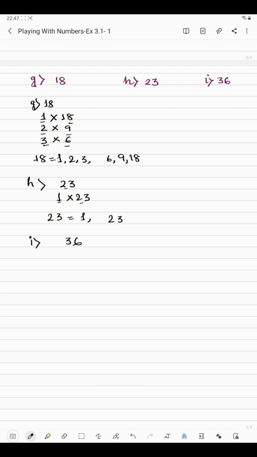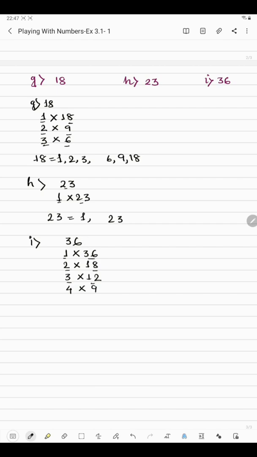Now in the I part we have 36. We will have to find the factors of 36. Now we'll start from 1 again. So 1 36s are 36. So these two are the factors of 36. Now after 1, 2 comes, 2 18s are 36. Okay, so these are the factors of 36. Then after 2, 3 comes, 3 12s are 36. Again after 3, 4 comes, 4 9s are 36.